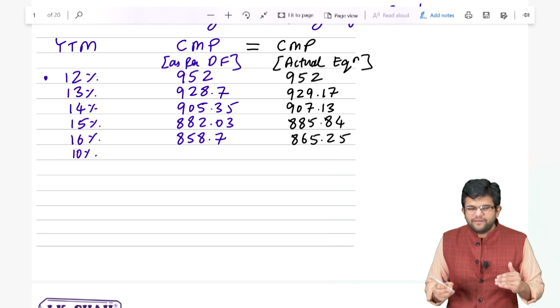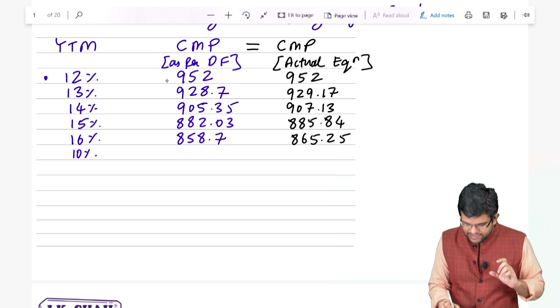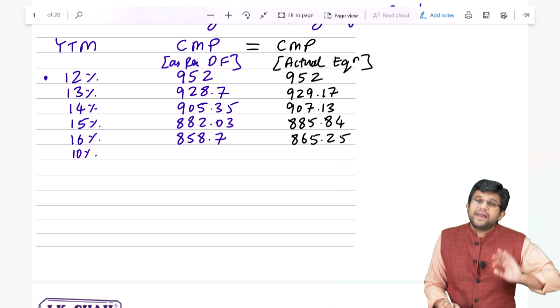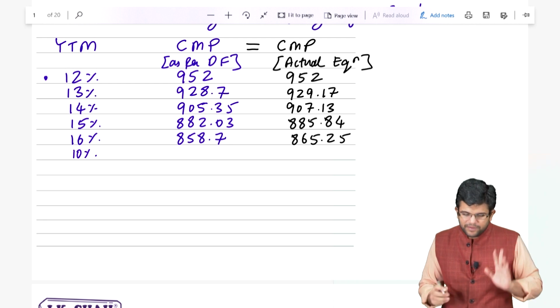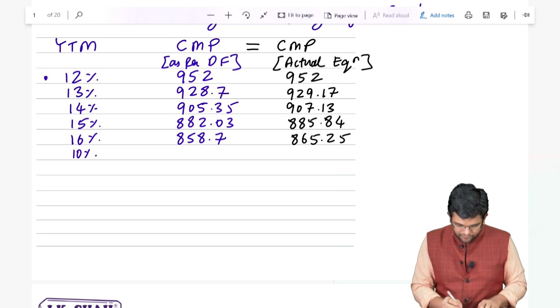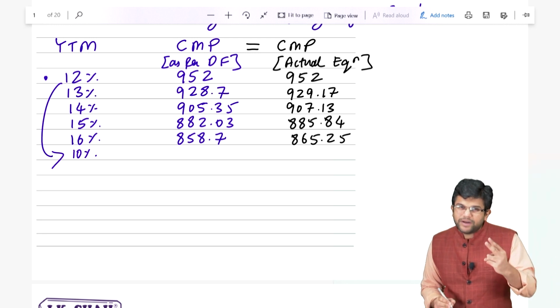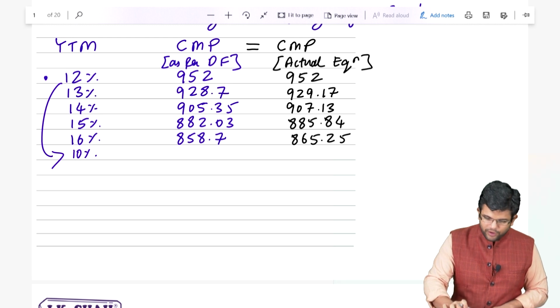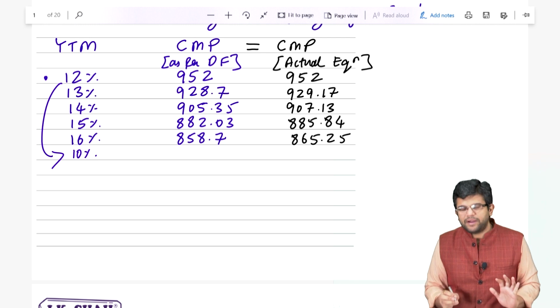It should be the current market price, that is 952, and then there will be a change as per the derivative of 2.45% for every 1% change. If it is dropping from 12 to 10, do you realize there is a 2% change in the YTM? So 2.45 into 2, there should be a 4.9% change in the current market price.